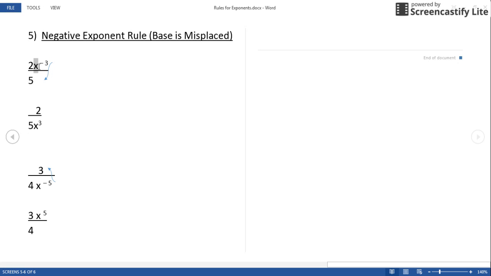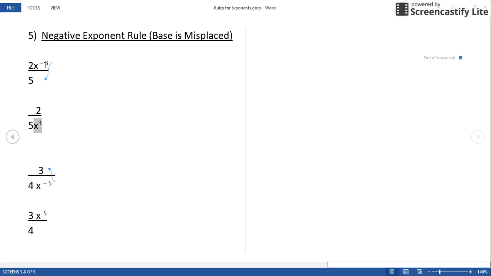It's just the x that is being raised to the negative 3. So the 2 and the 5 are good where they are. This x to the negative 3 needs to move to the bottom, and when we move it to the bottom, notice that now it has a positive exponent. Moving a negative exponent across the fraction bar changes the sign of it to a positive exponent.